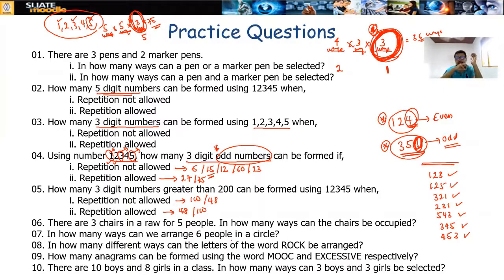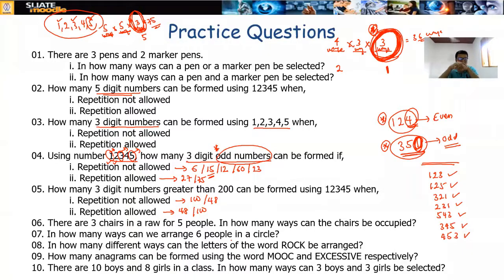We have 5 digits: 1, 2, 3, 4 and 5. By using these 5 digits, we need to form 3-digit numbers. But again, there is a condition.